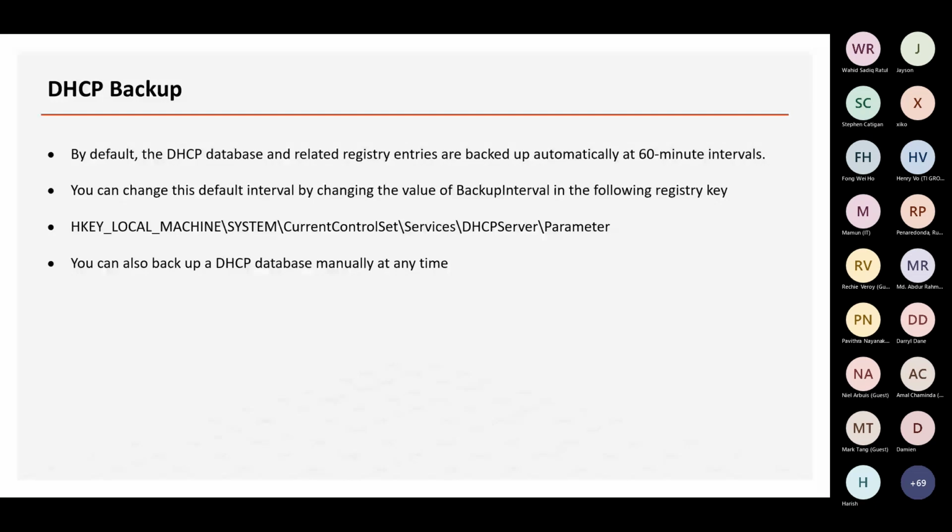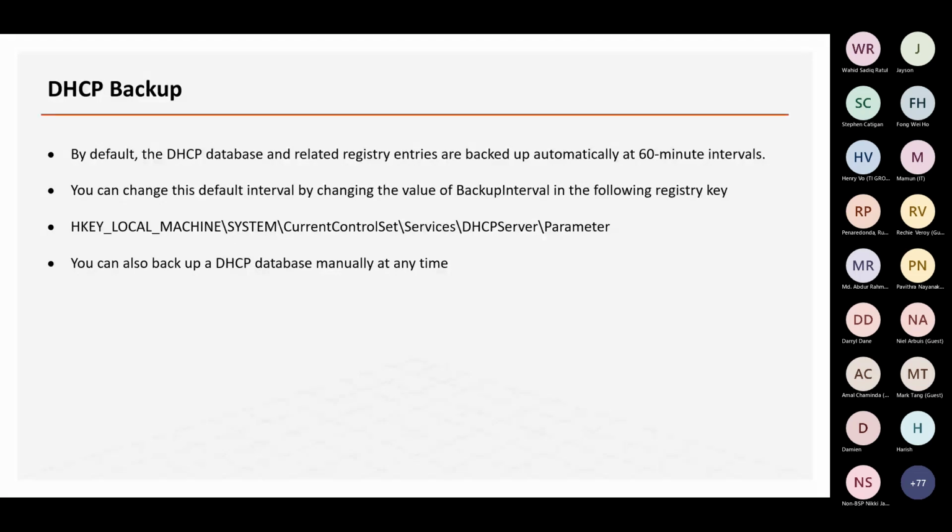Yeah. Now, in case you want to take a backup, there are two options we generally use. One, you can take a backup of the folder which has been created on the DHCP server. Second, a backup is also created in the registry.